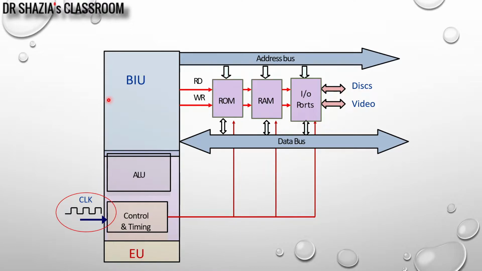The BIU is the unit which interacts with the external world like ROM, RAM or IO devices. It is capable of generating the addresses from where we need to fetch the instruction, then generating the control signal, which indicates whether we are going to perform a read or write operation, and then doing the data transfer.